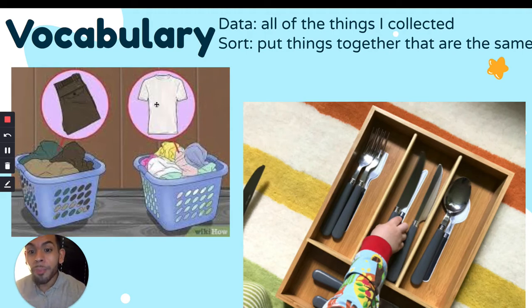It looks like my friend was doing laundry and he put all the shirts with the shirts and all the pants with the pants. He separated them. He sorted them into two categories: shirts and pants. All right, so remember, data's things that you collect, and then sort is when you put them together because they are the same. Okay?